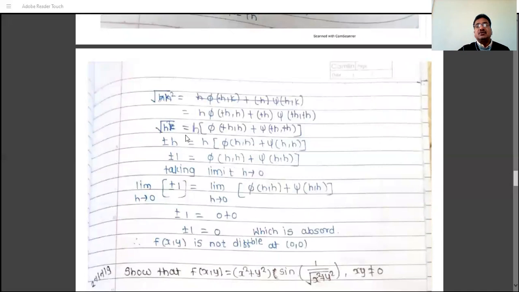And root of h square is what? Plus or minus h. Take h as common from the two terms on the right: we have phi(h,h) plus psi(h,h). Then divide both sides by h.